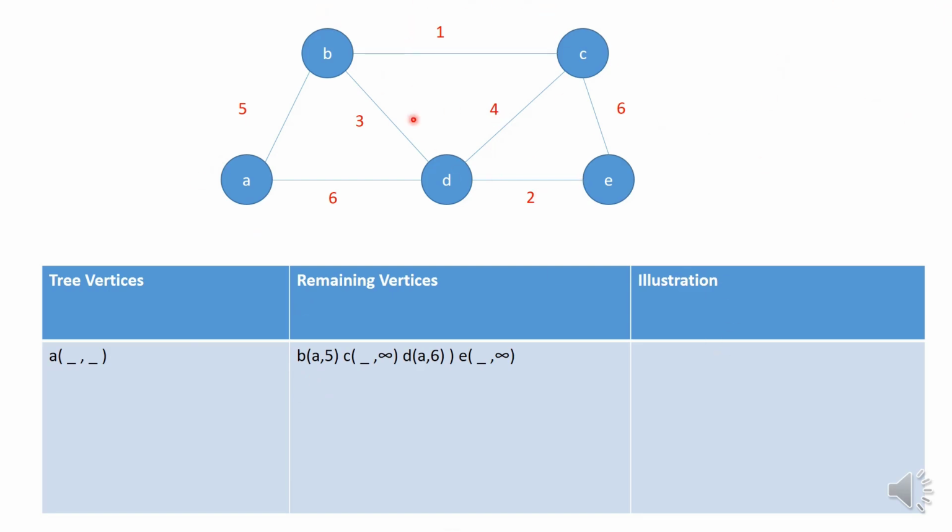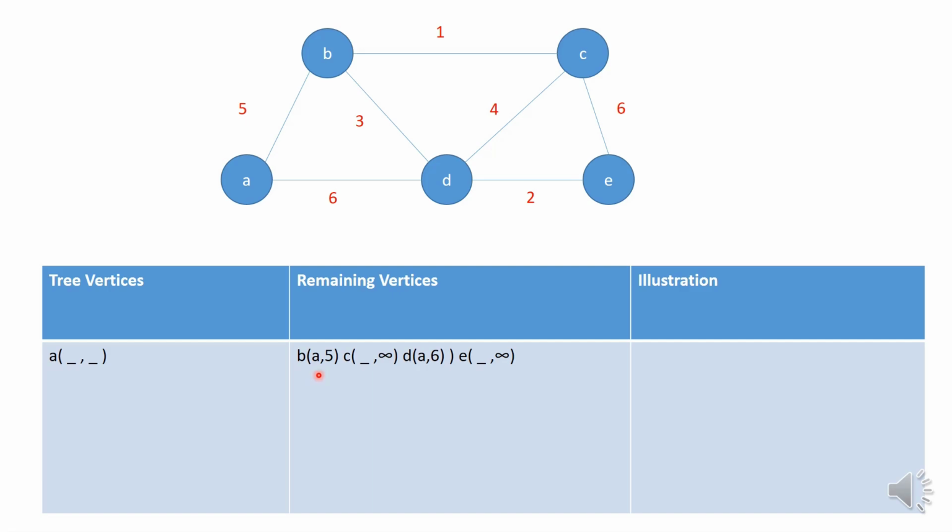You have to always look for an edge, not a path, to the tree vertices, which can become the near vertex. The near vertex is the one having minimum distance. Since we have only one tree vertex right now, from B, is there an edge to A? Yes. So the near vertex will be A and its distance is 5.